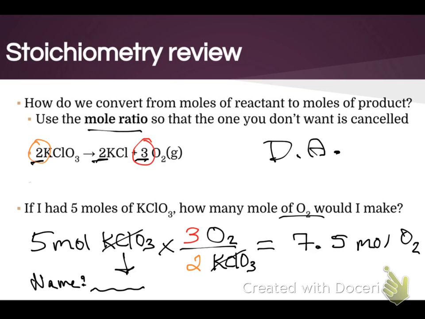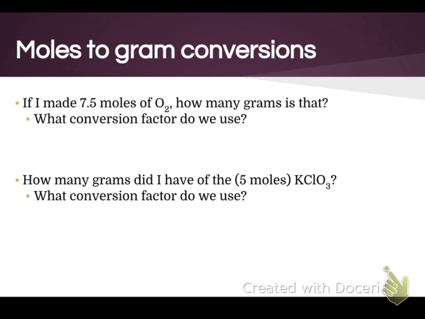Okay, so that's the molar ratio. That's how you go from the amount of one substance to the amount of anything else. We could have also done the same thing to figure out how much KCl was present, or if you know O2, to find out any of the other ones.